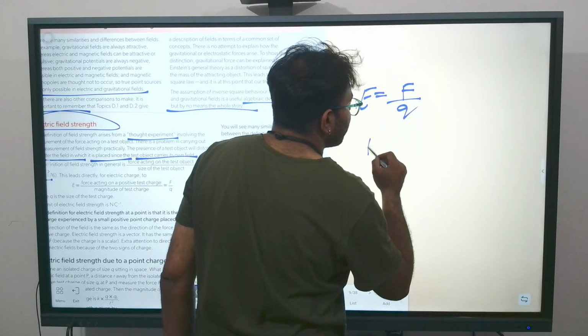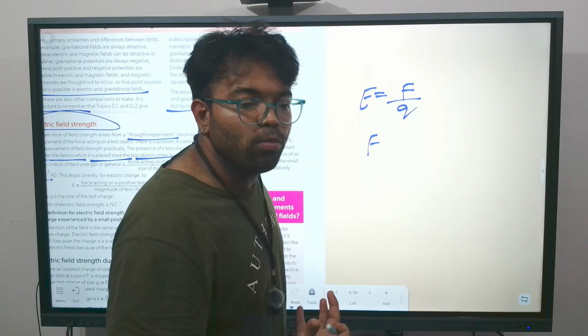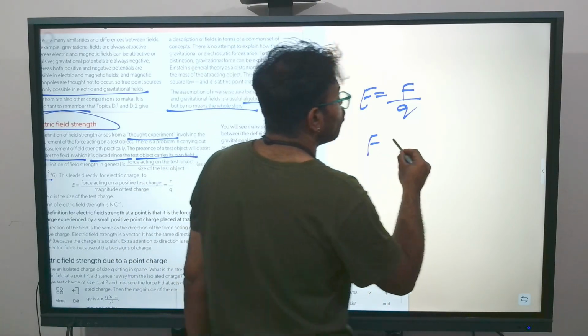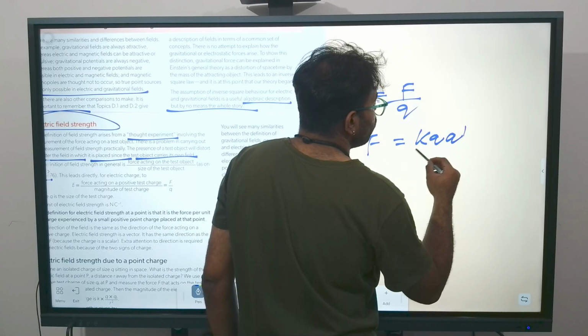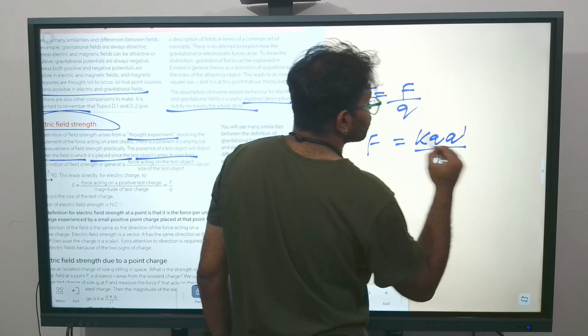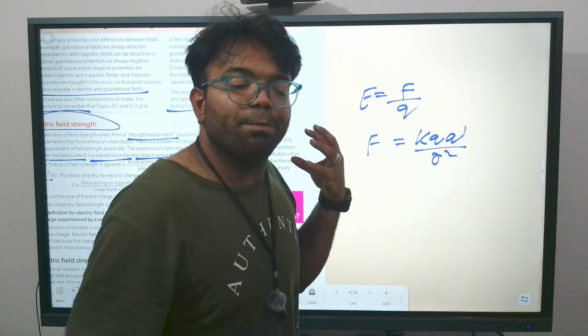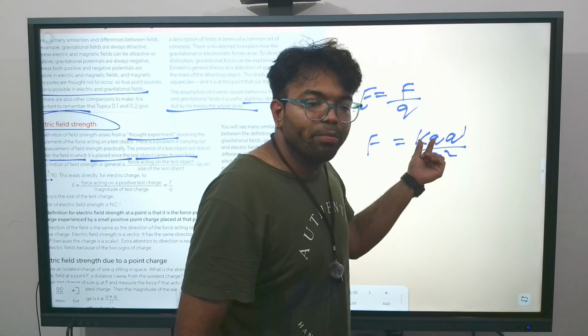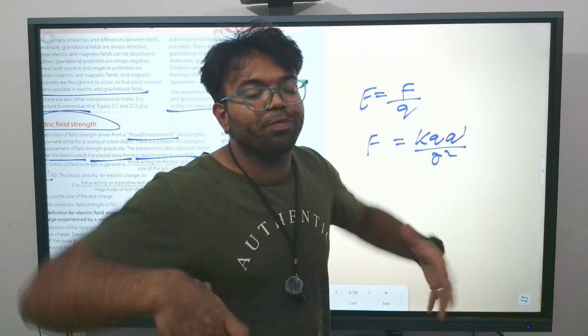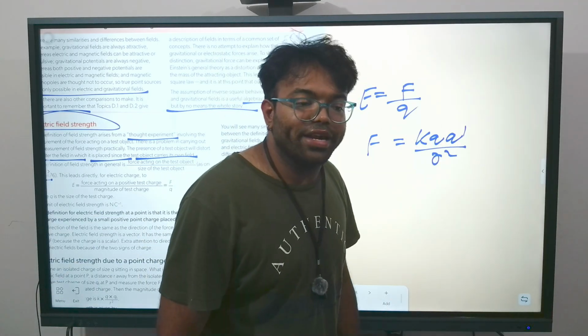So what was the formula for F given to us by Coulomb? Coulomb said that force is equal to K Q Q dash upon R square. Let us, for the purpose of our explanation, consider that Q is the actual charge which is producing the field and Q dash is a test charge.